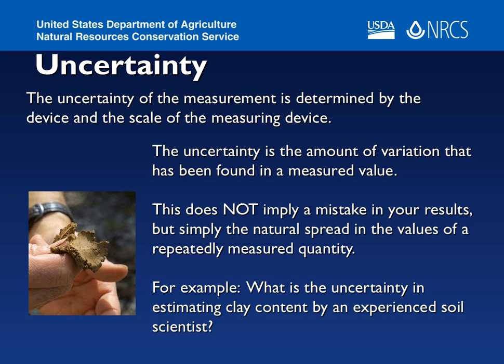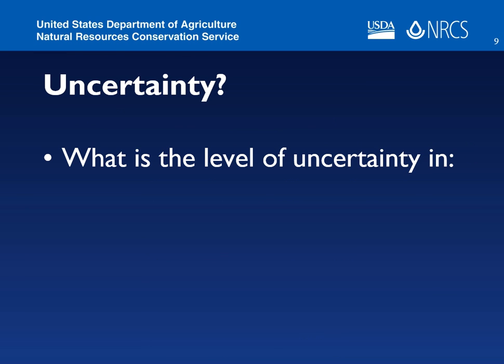What's the uncertainty of estimating clay content when you're an experienced soil scientist? Is it 3%? Is it 5%? Or is it 10%? And the more experience you have in a certain area, the less uncertainty you have. So think about this as we think about all the other types of data we collect. What's the level of uncertainty in, let's say, your map unit composition?